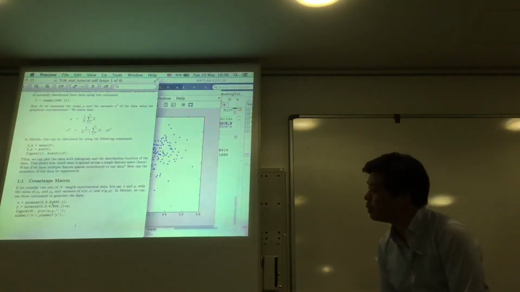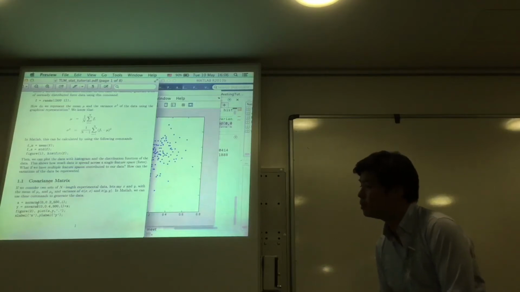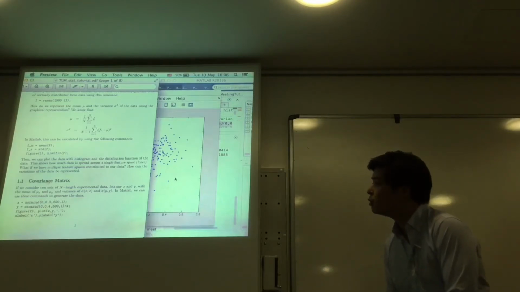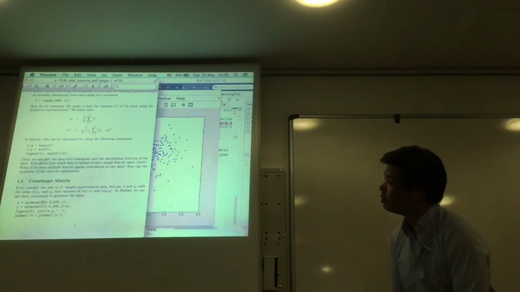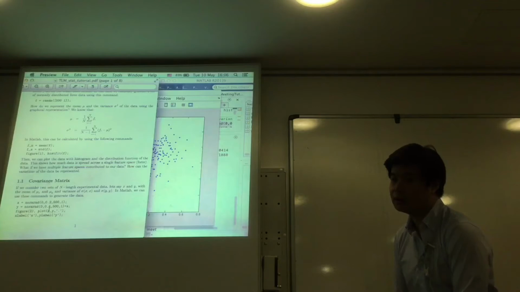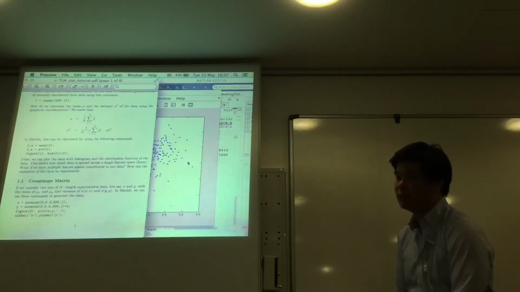What's good about this command is that you can specify the standard deviation and the mean of the data that you want to generate, not like randn that I used earlier. You can say, I want mean 0 with standard deviation 0.2, for example. But you see that the real mean is not exactly 0.